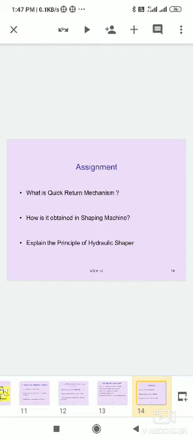Explain quick return mechanism. Quick means speedily, a quick return. Quick return means it speedily comes backward. That is the quick return mechanism.